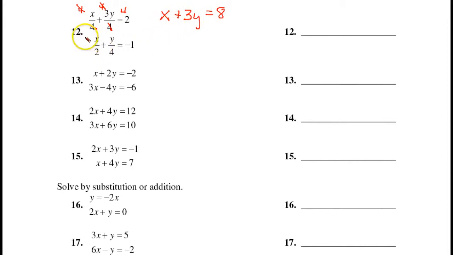And here we're going to also use 4 for every term. But now here we're left with a 2. Here the 4's cancel out. So we have now a 2x plus y equals a negative 4.